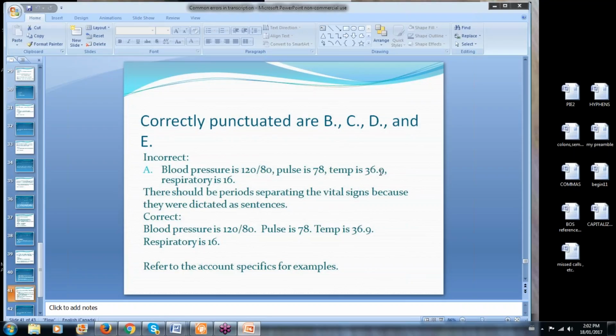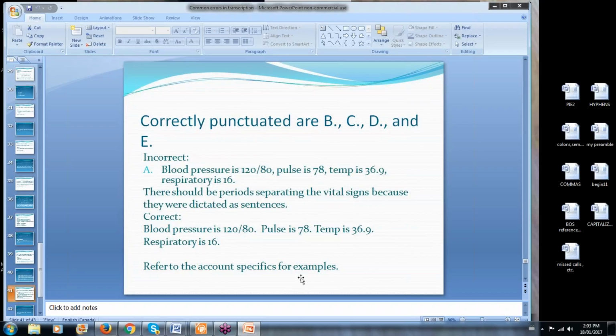Now, after every one of them, see how they're all dictated as sentences? Blood pressure is 120/80. Pulse is 78. Temp is. So those should all have periods. So there should be periods separating the vital signs because they were dictated as sentences. Correct would be blood pressure is, like I said, period, and you would just have periods.